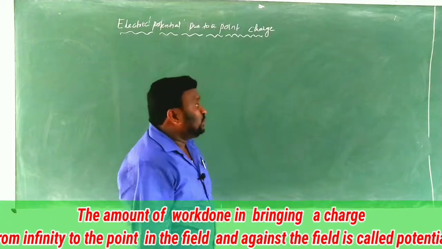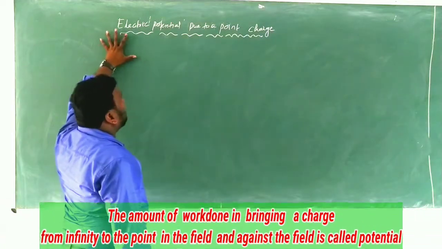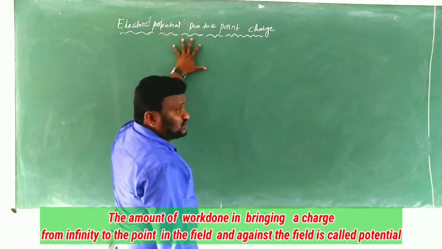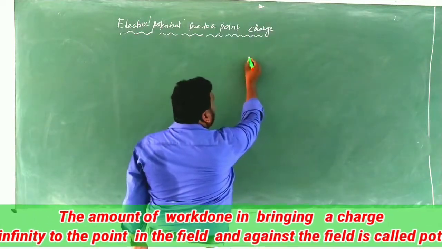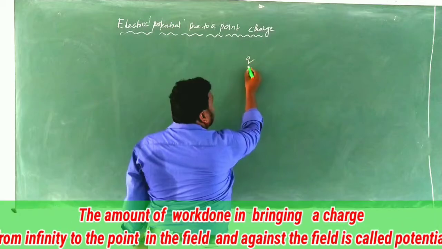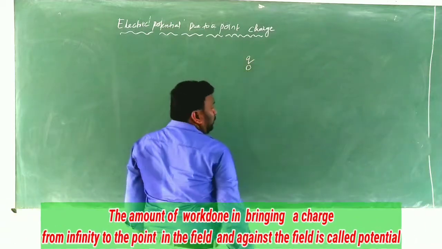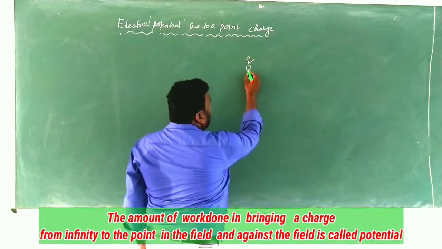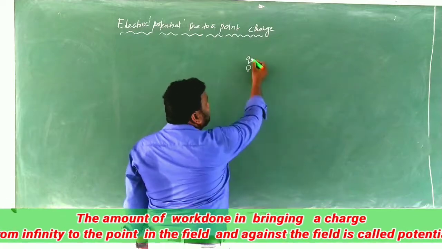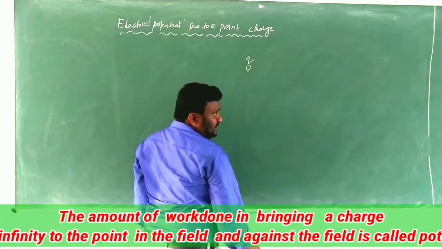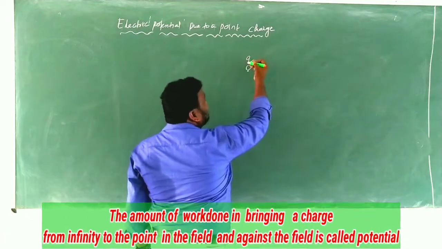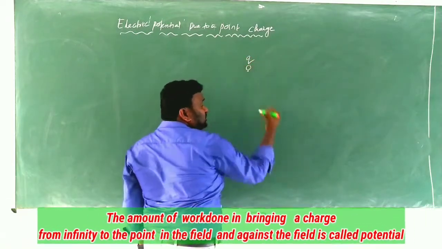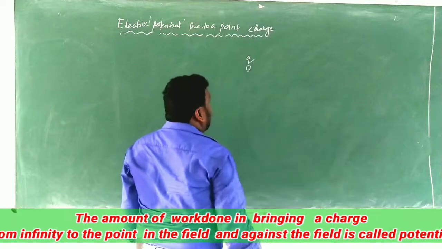So here, to derive the electric potential due to a point charge, I am going to draw one diagram. It's a very clear diagram, you must observe. This is the point O, where there is some charge Q. That means there is some space around the charge which is in its influence, that is what we generally call the electric field.